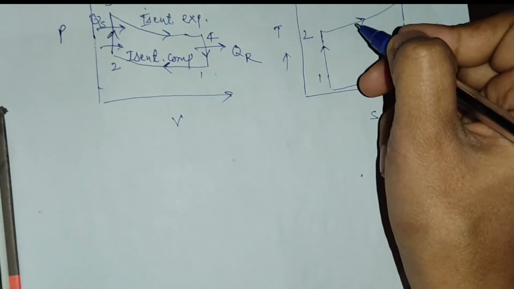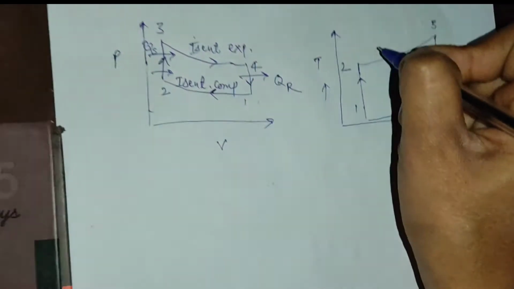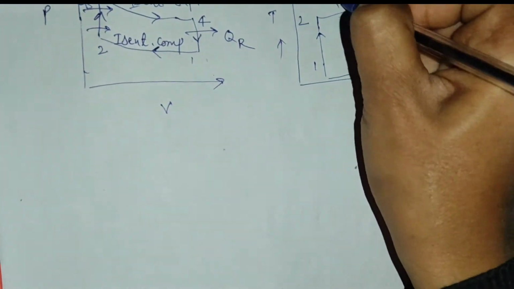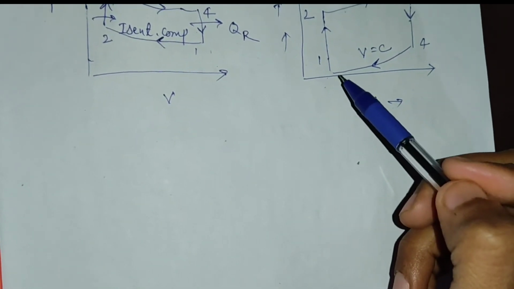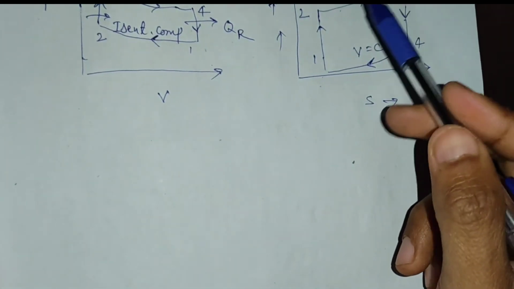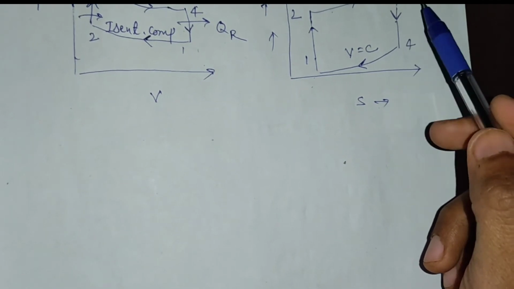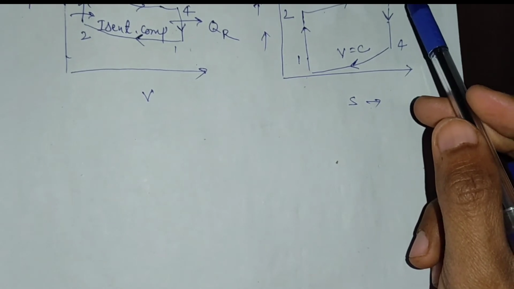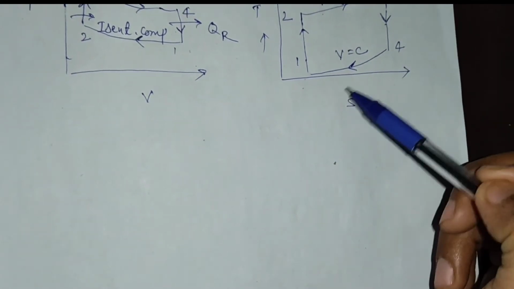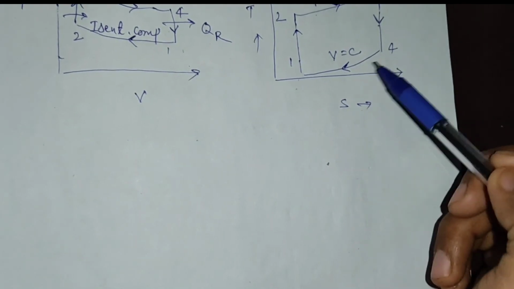2 to 3 is at constant volume, and this is also at constant volume. 1 to 2 is the isentropic compression, and 2 to 3 is the constant volume heat addition process. 3 to 4 is the isentropic expansion process, and 4 to 1 is the constant volume heat rejection process.